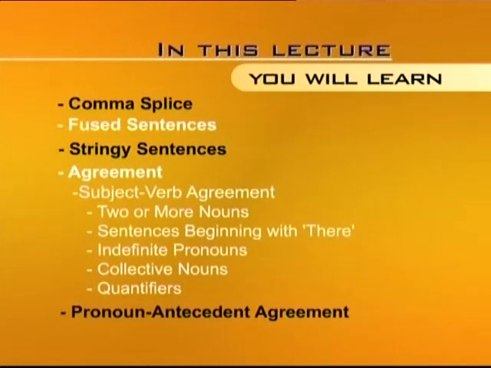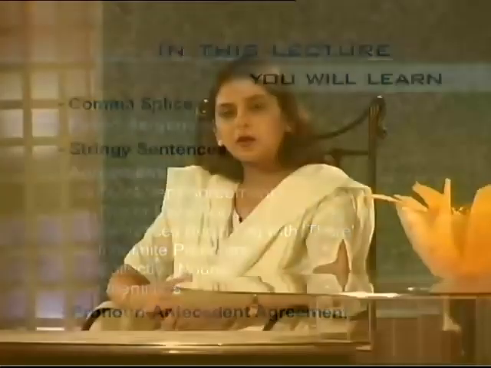We look at using two or more nouns and how to use a pronoun with that. We'll look at sentences beginning with there. We'll look at indefinite pronouns, collective nouns, and quantifiers, and how all of these, if used incorrectly, can cause problems. We'll also look at pronoun antecedent agreement and how to use that correctly so that our writing does not have commonly found problems.